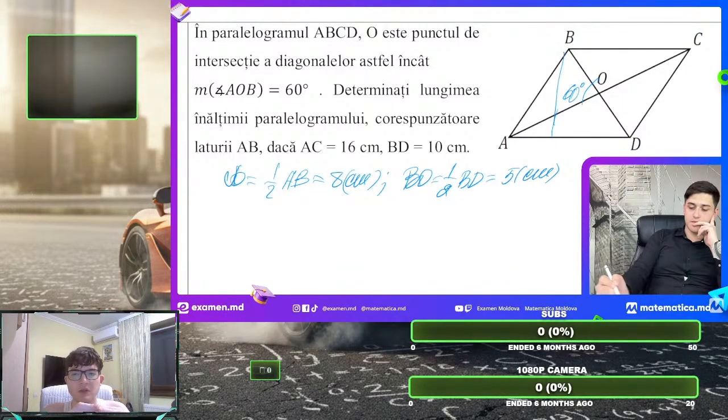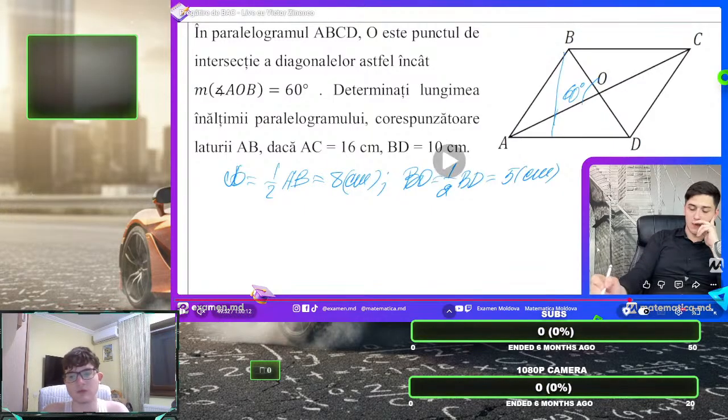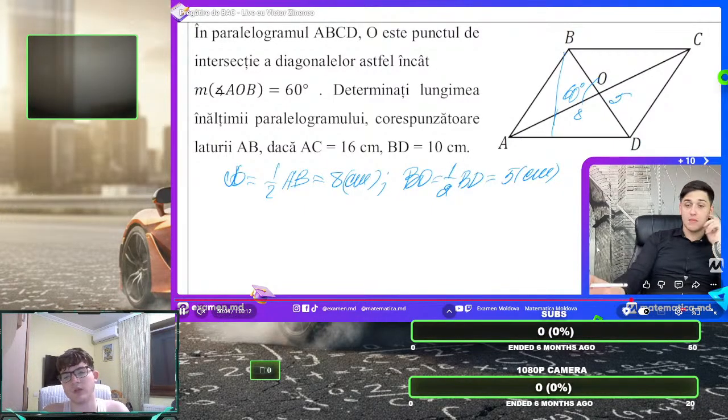So we have to do something else. 60 degrees right there, so whatever the other angles are. I don't know. They could be 60 also, all the same, or something else. I don't know, calculate it. 8, 5 there.